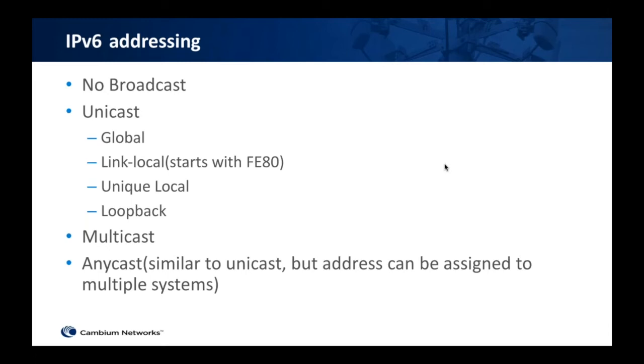And there is so-called anycast addressing. For anycast, it is similar to unicast in some things, but with anycast addressing, you can have multiple, for example, servers in your network having the same anycast address.